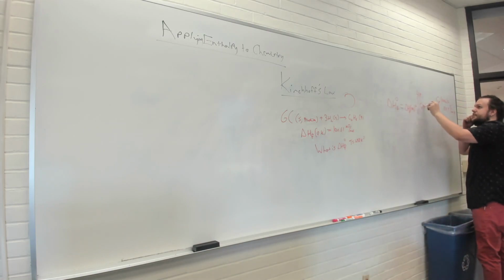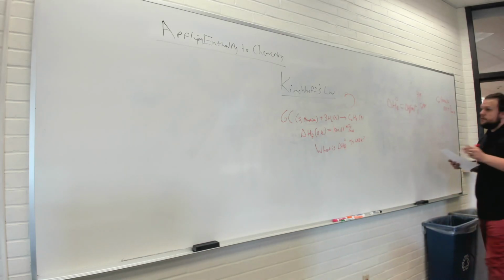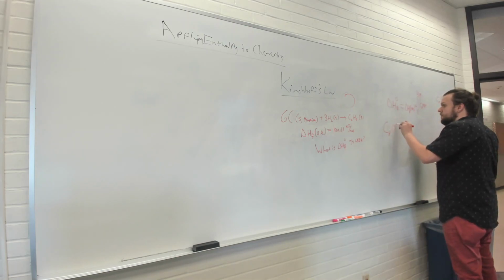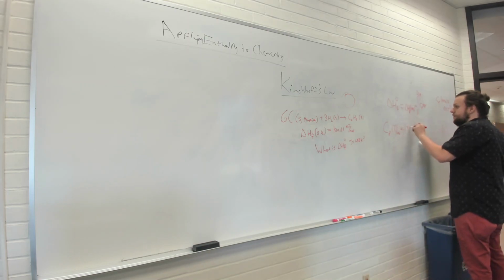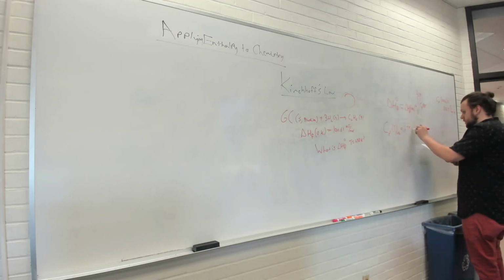Heat capacity is a function of temperature, so we need to integrate over that function of temperature. For instance, for benzene, typically you can measure the heat capacity as a polynomial in T.